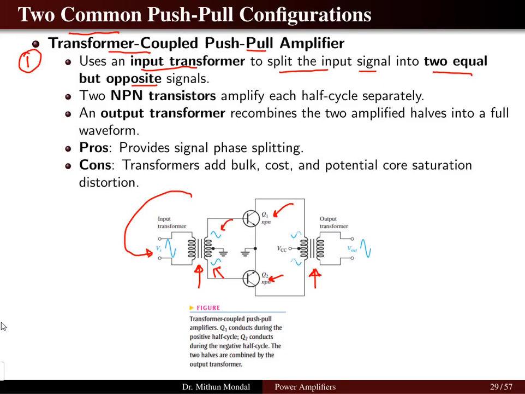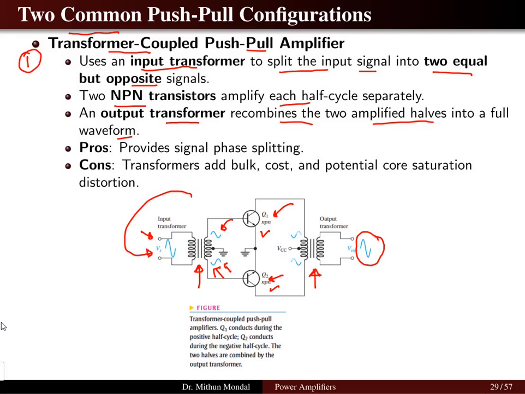The two transistors are in NPN form, and each amplifies one half cycle. The output transformer recombines the two amplified halves into a full waveform, so the output is an amplified form of the input signal.